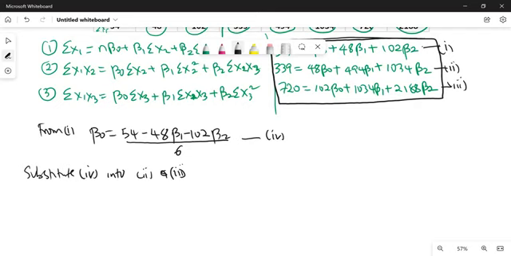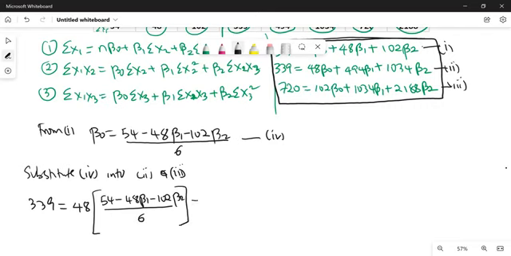So you'll end up with 339 is equal to 48, then for beta naught, you write this: 54 minus 48 beta 1 minus 102 beta 2, divide this by 6. That's beta naught, then plus 494 beta 1 plus 1034 beta 2. So once you simplify this a bit, you will get an equation with only beta 1 and beta 2.